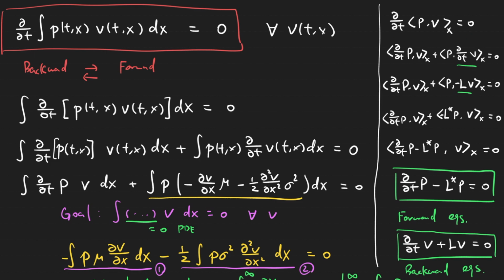All the algebra that we just did is just integration by parts. When we have an explicit form for the L operator, we need to integrate by parts to find the L star operator. Structurally, this is very elegant. This is all we need to see the connection between the forward and the backward equation.